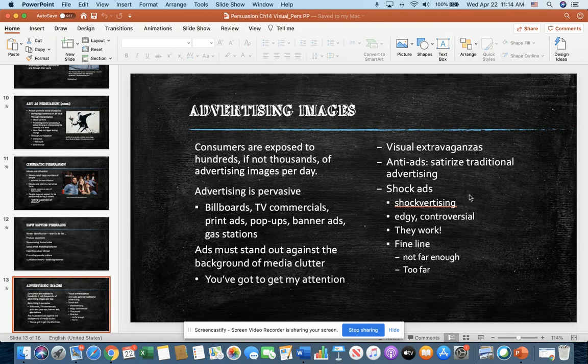So ads have to stand out from the background of media clutter. Media clutter is the fact that everybody is advertising, and we're seeing advertising all the time in all these different ways. Even the online calculator I like always has advertising on it.